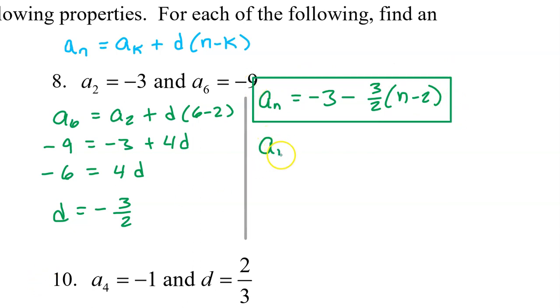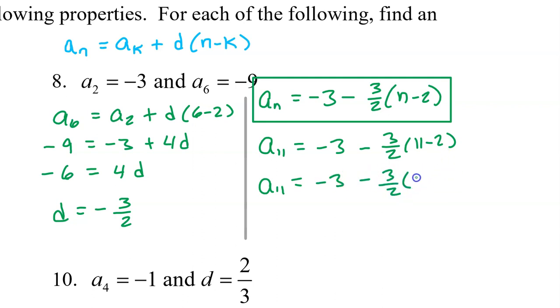Next, we are meant to find a11. So this will be negative 3 minus 3 over 2 times 11 minus 2. So a11 is going to equal negative 3 minus 3 over 2 times 9.